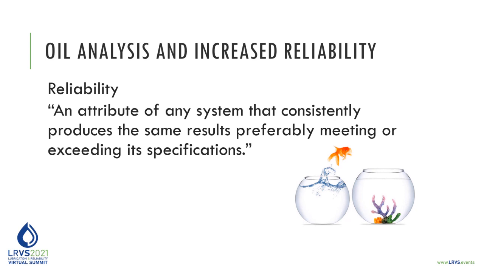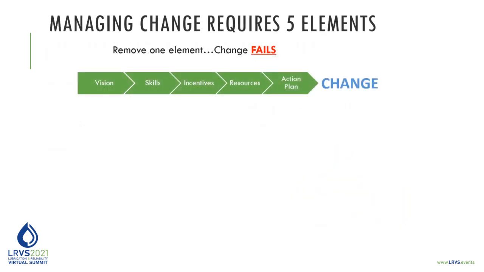Now, change is no easy task. We take a look at some of the elements around change. Vision, skills, incentives, resources, and an action plan. That represents change, but remove one of those elements, change fails.